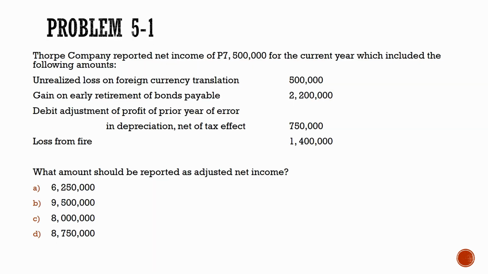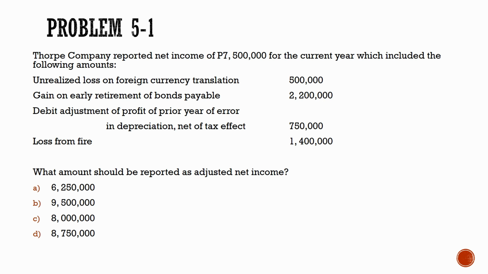For problem 5-1, Torp Company reported net income of 7,500,000 for the current year, which included the following amounts: unrealized loss on foreign currency translation amounting to 500,000, gain on early retirement of bonds payable which is 2,200,000, debit adjustment of profit of prior year for error in depreciation net of tax effect amounting to 750,000, and loss from fire amounting to 1,400,000.